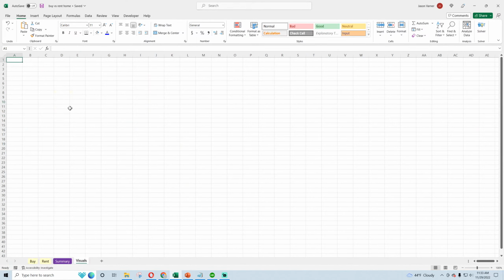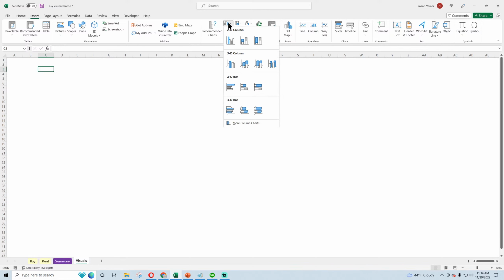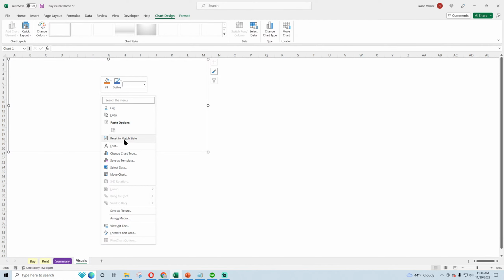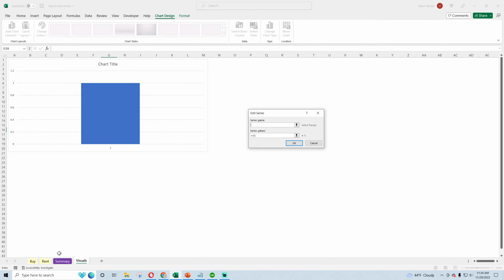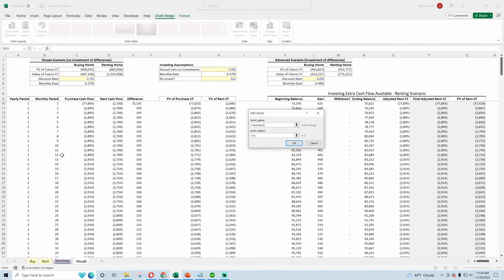All right, visuals. This is where you can really see it. There are a couple we can do. Let's look at the first: we're going to show buy versus rent with no reinvestments. On that one, we just show the total without discounting as well.